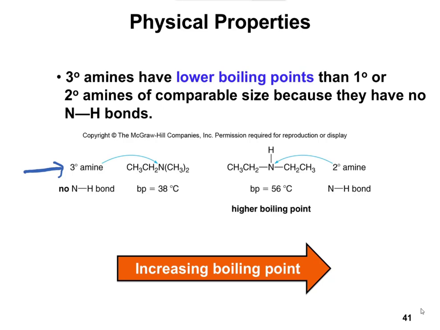Because of that, there's no NH bonds, and that's going to make it have a lower boiling point than the diethylamine, which is on the right, that does have an NH bond. So that hydrogen circled there is going to be able to hydrogen bond, and that's going to give it a higher boiling point.